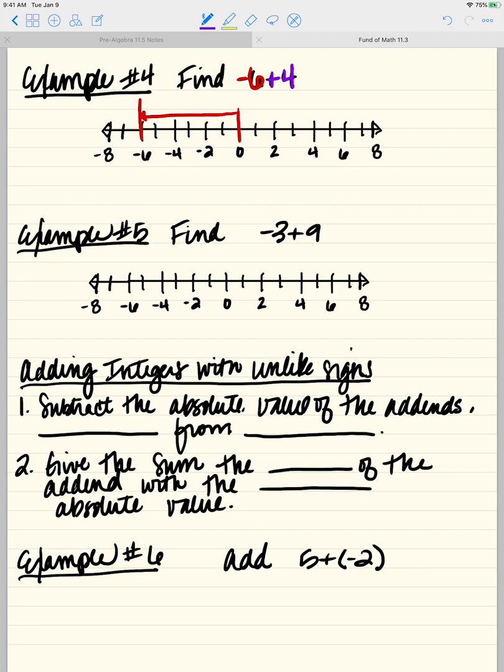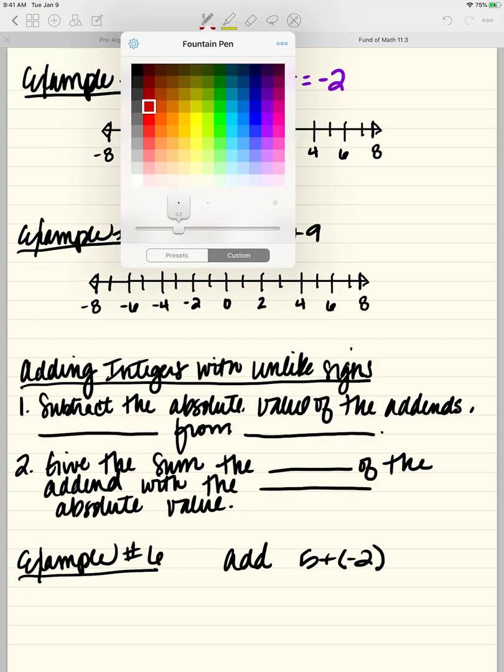We need to move towards the right because we're adding a positive number. 1 unit, 2, 3, 4 units. Here's my +4. Where did I end? I ended at -2. So using a number line, we show that -6 plus 4 is equal to -2.